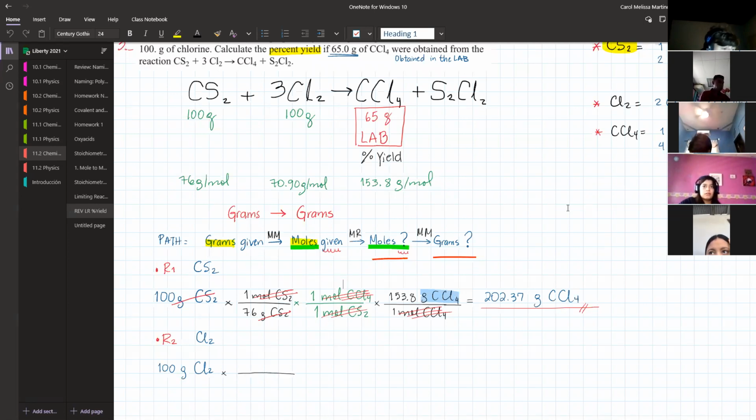So in 1 mole of Cl2, I have a mass of 70.90 grams of Cl2. I cancel the units. Now, from moles given to moles unknown, I need to use what? Molar mass or molar ratio? Molar ratio. Okay. How many moles of chlorine?